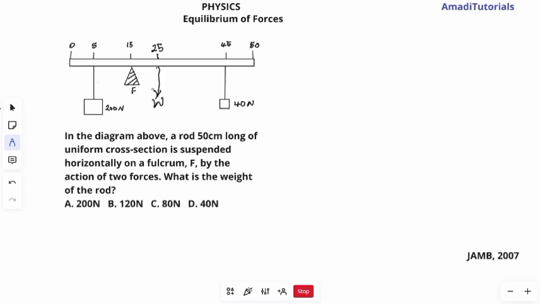Now we are going to use the principle of moment to calculate this. So first, for those who may not know what moment is, moment is defined as the turning effect of a force.